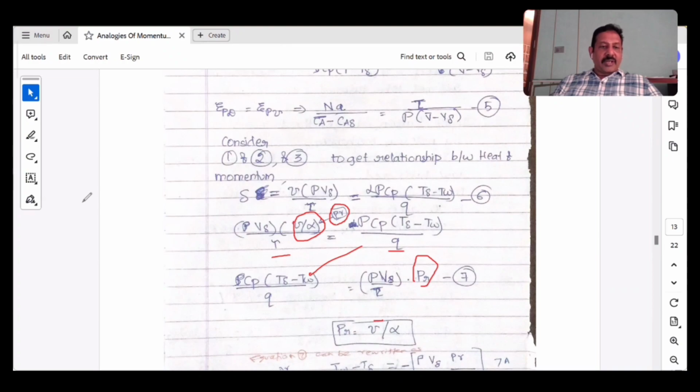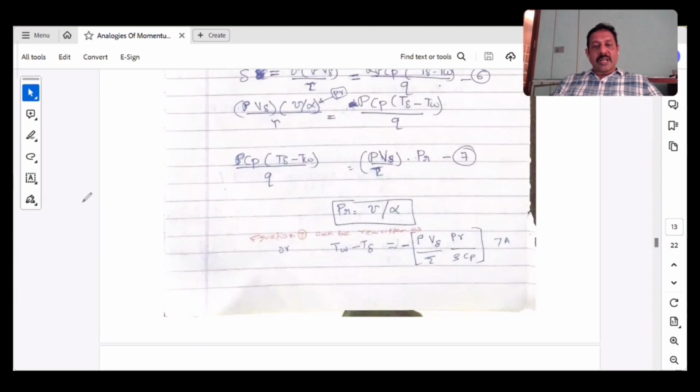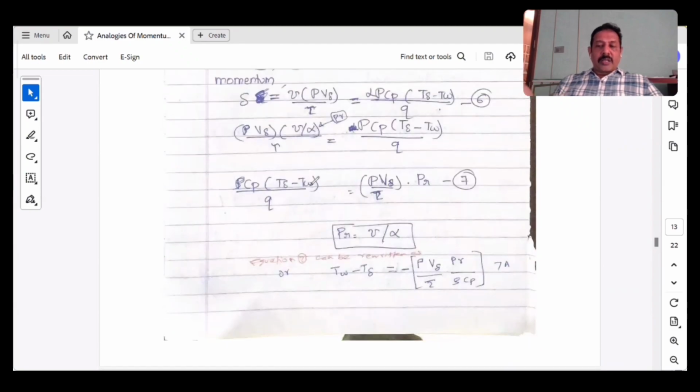Now I'm just rewriting equation 7. It can be written with Tw minus T delta, and you bring all the other terms to the other side. So minus of rho v delta by tau into Prandtl number divided by rho cp.